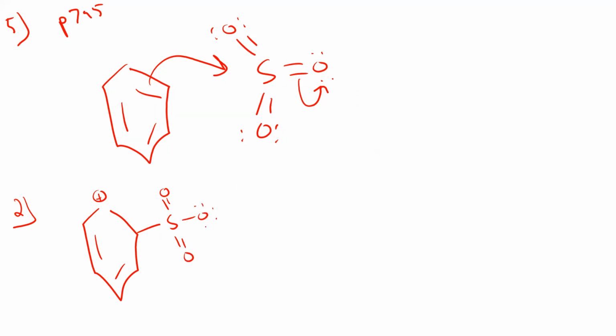So we have some base coming in, some generic base. It recreates the aromaticity within the 6-membered ring. And I think that's all they want. Yeah, that's it for 5. So that should be 6 next.